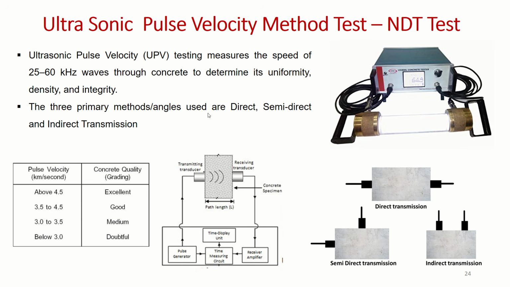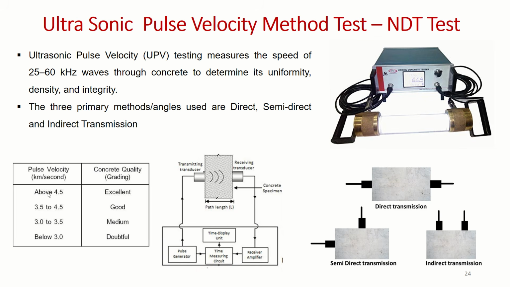This test is more accurate compared to the rebound hammer test, because here waves are transmitted from one side, and on the other side there is a receiver which receives that particular frequency. Then we calculate the velocity as distance upon time, and based on the velocity we decide the quality of concrete.